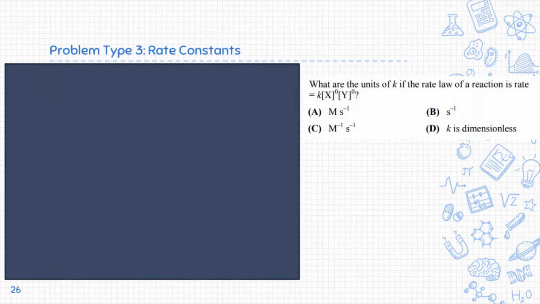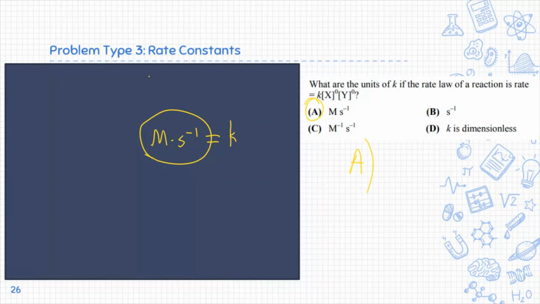What does that mean? Well, we know that the reaction rate is moles per second, correct? So if the rate law is basically k, then we should also expect that k is equal to moles per second. So the answer would be A.